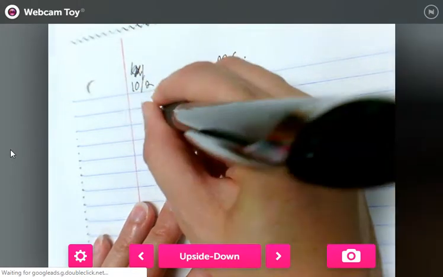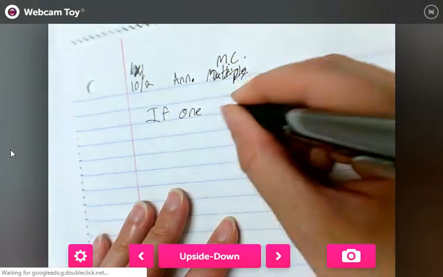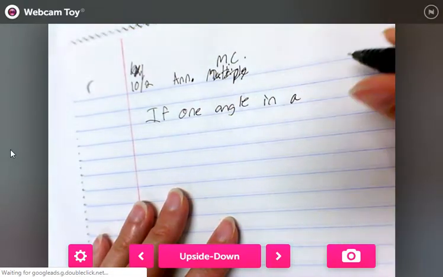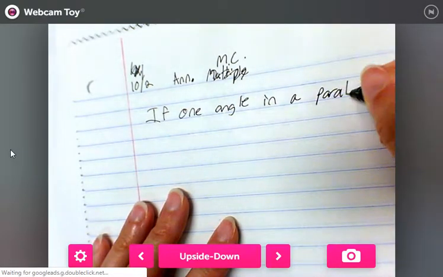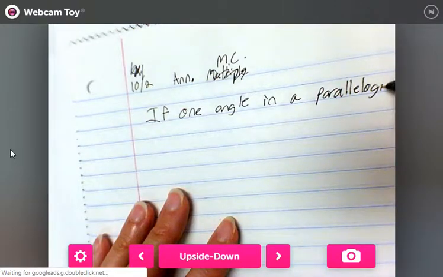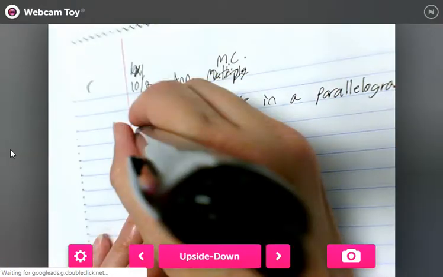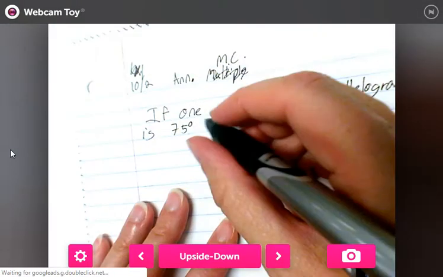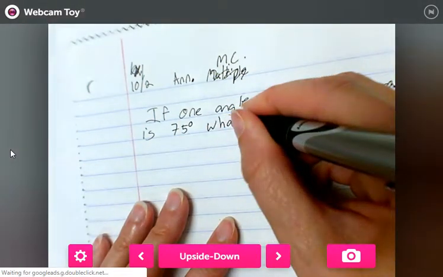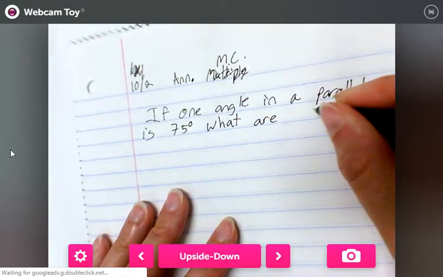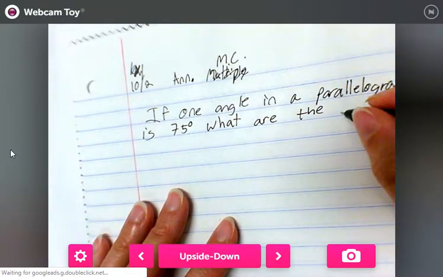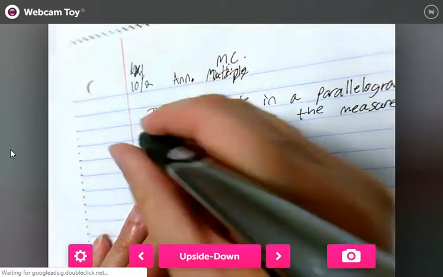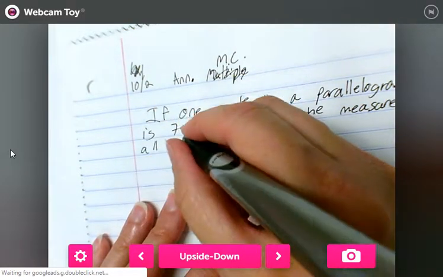If one angle in a parallelogram is 75 degrees, what are the measures of all the other angles?